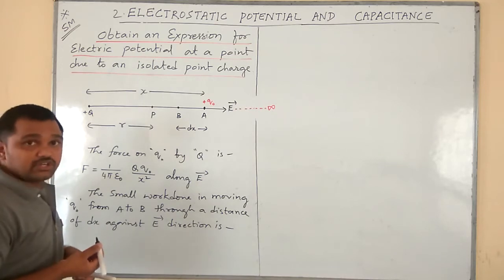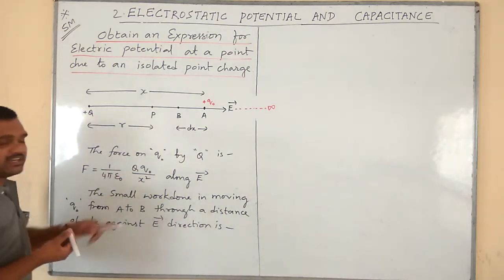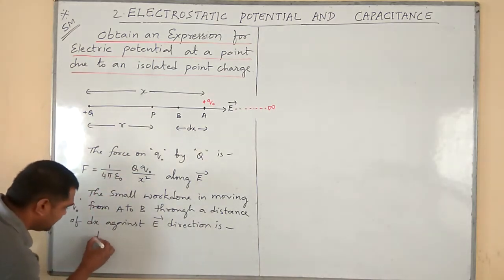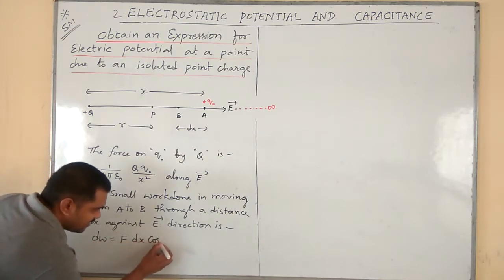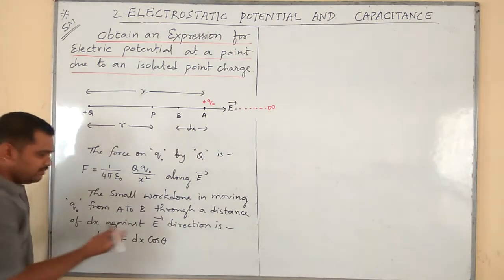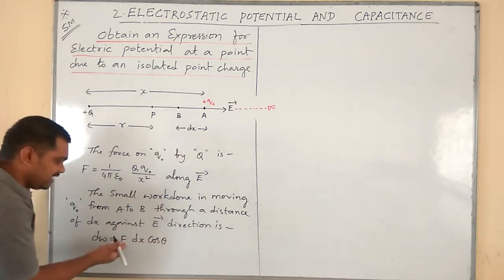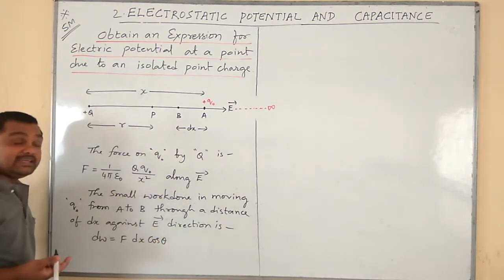That is W is equal to Fs cos theta. Since here we are doing the small work, we take dW is equal to F dx cos theta, where the angle theta is between F and dx.